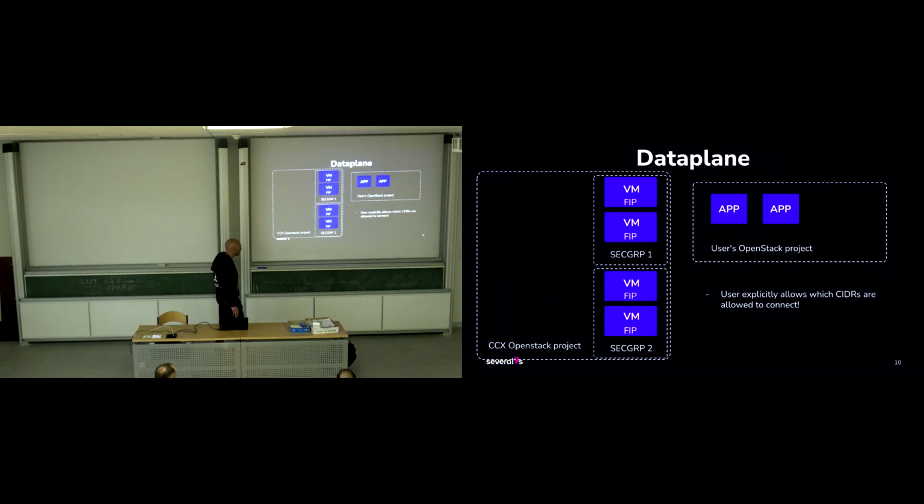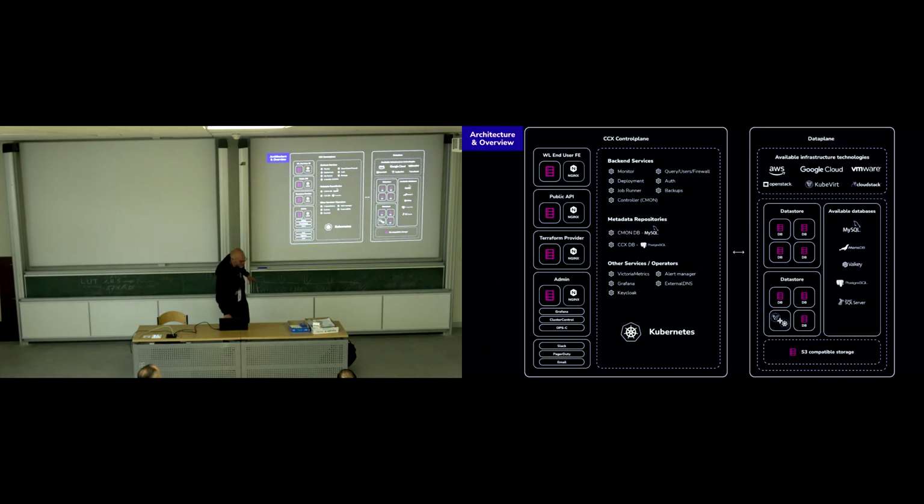Then I think now we're going to talk a little bit more about the details here. What does it really look like? Maybe I should go back to this picture here. If you see this dashed box around here, that's your OpenStack, right?